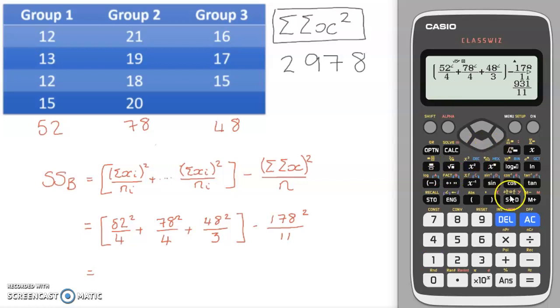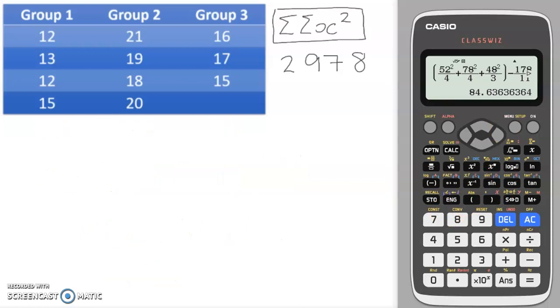And that gives me, if I turn it into a decimal, 84.636. And again, I've done just a few extra decimal places there, just to make sure that I'm not rounding too much.